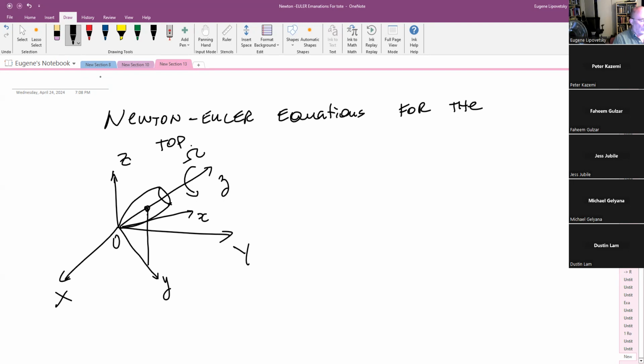This is O. This distance is L. X, Y, Z are the body inertia axes.